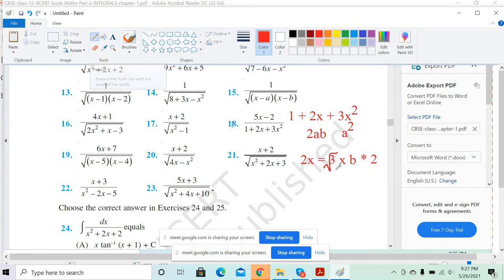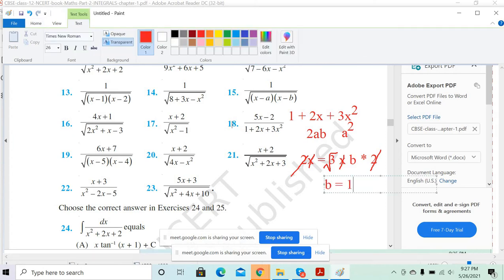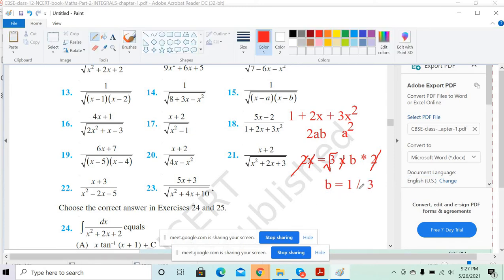So x cancelled, 2 cancelled, and you get b as 1 by root 3. So we just need to add 1 by root 3 whole square minus 1 by root 3 whole square.